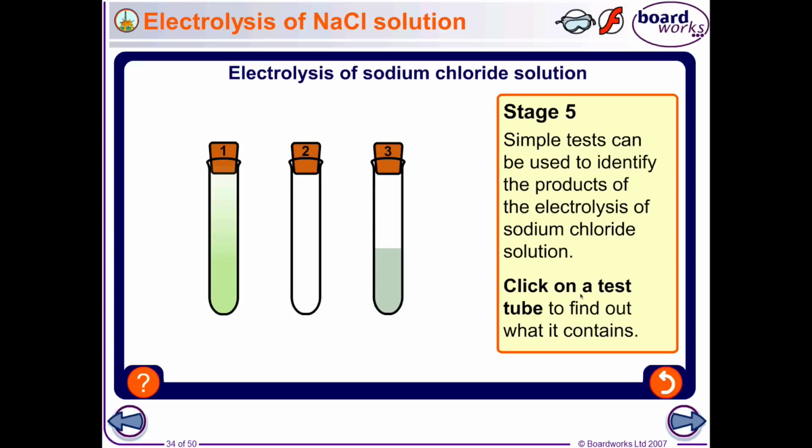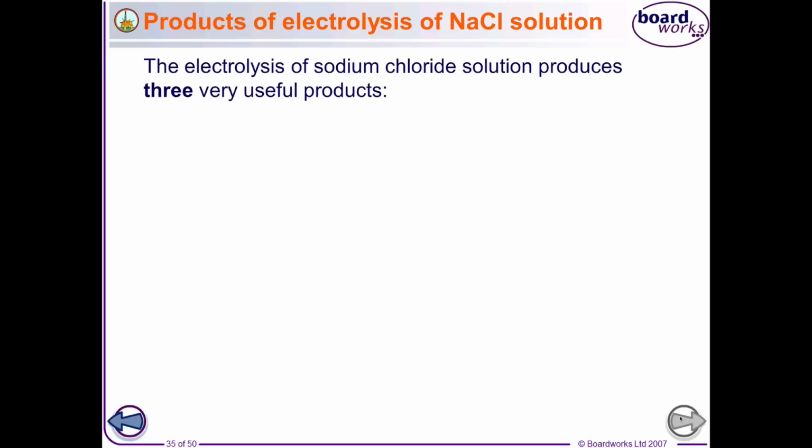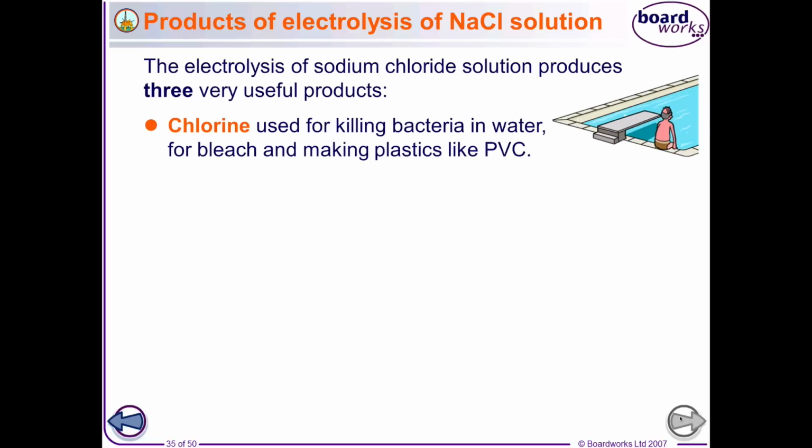Now the first thing to note with this is the uses of each particular one, because in the exam you will be expected to know why chlorine is used. Chlorine is used for killing bacteria in water, for making bleach, and also for the production of PVC.